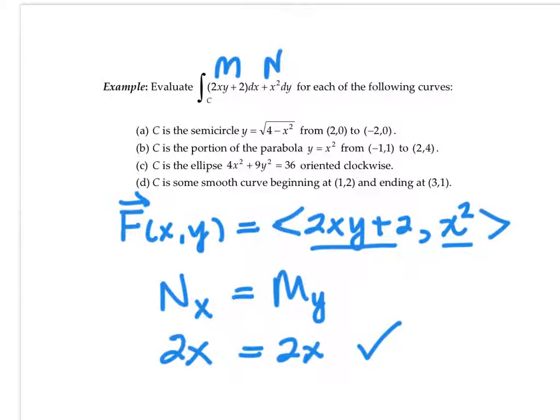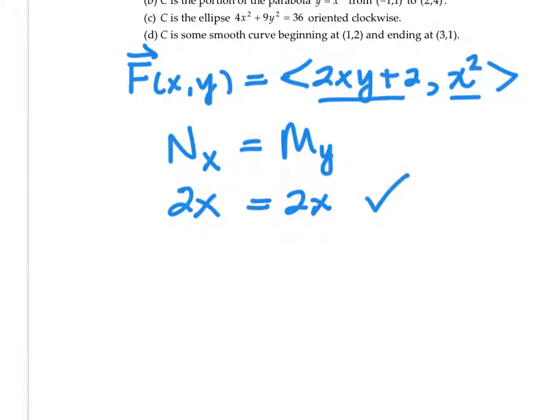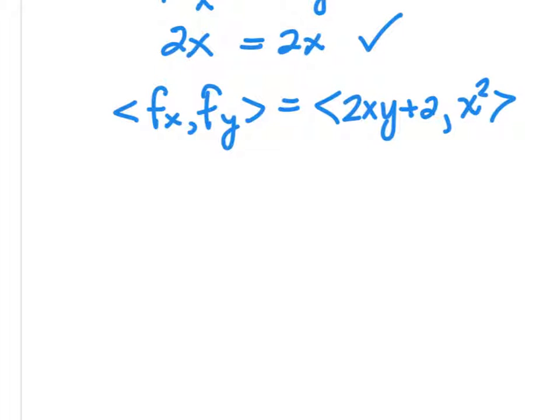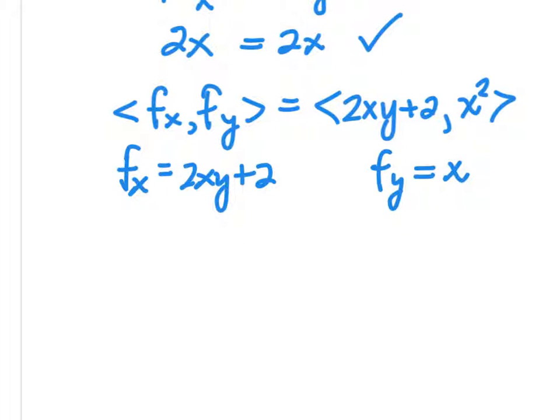So let's find a potential function. By definition of conservative, there exists some function little f whose gradient is big F. And of course that means that f sub x equals 2xy plus 2, and f sub y equals x squared.